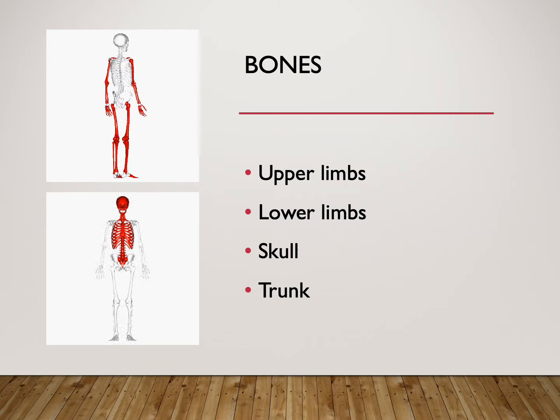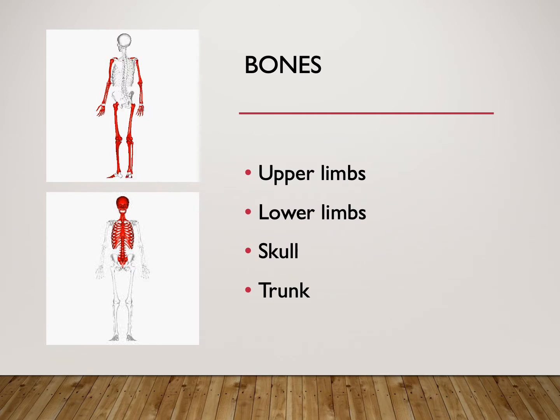The upper limb bones are collarbone, that is called clavicle, arm bone, that is humerus, forearm bones, that is radius and ulna. Then bones of the wrist, hand and fingers, which are in other words called carpal bones, metacarpals and phalanges.